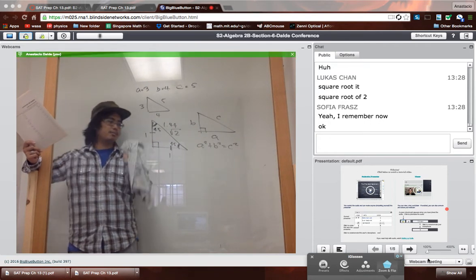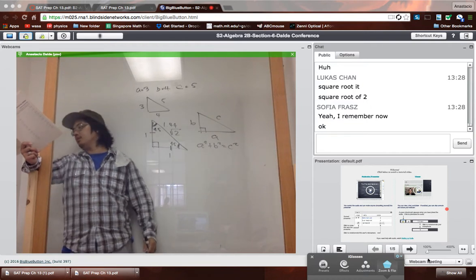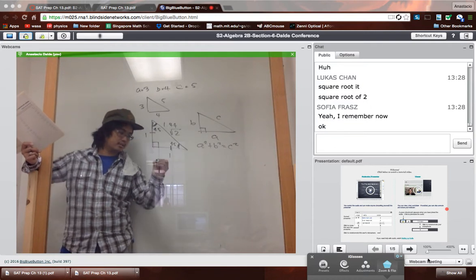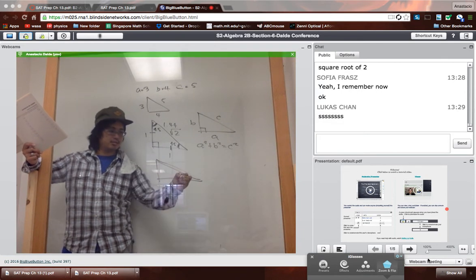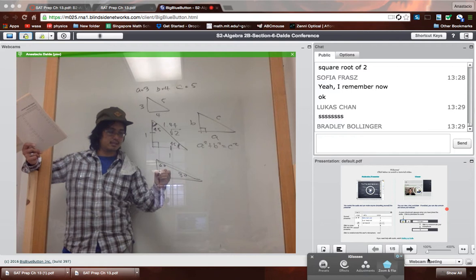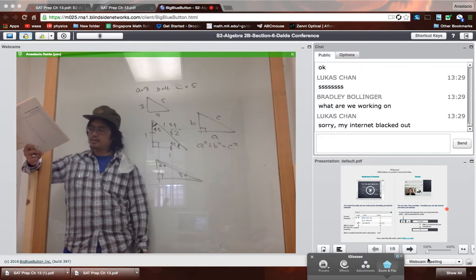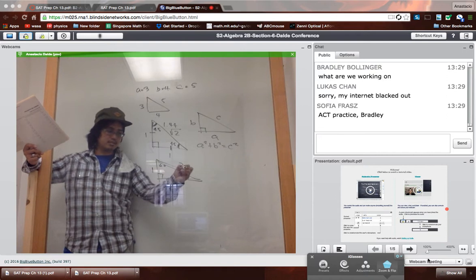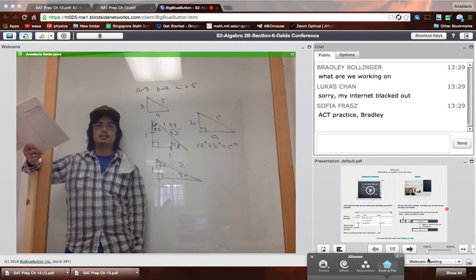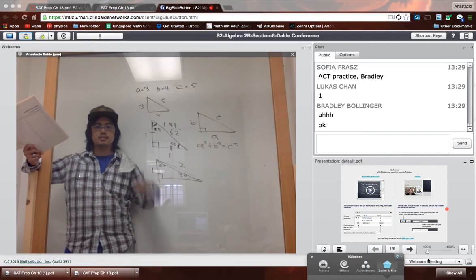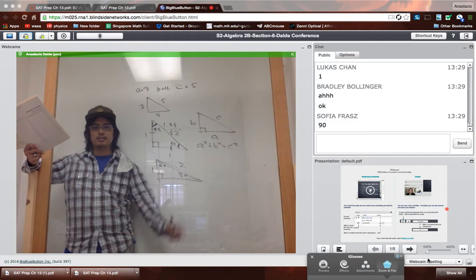Now this one is probably the least common, maybe the least helpful one, but I'll tell it to you anyway. 30, 60, 90. This is called a 30, 60, 90 triangle. If this is 1, this is 2. You guys know what this needs to be? No, the bottom length.